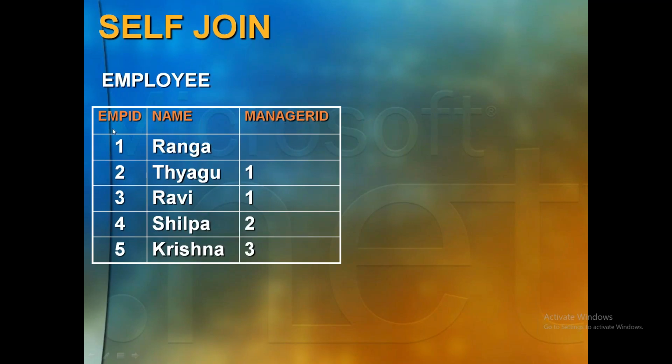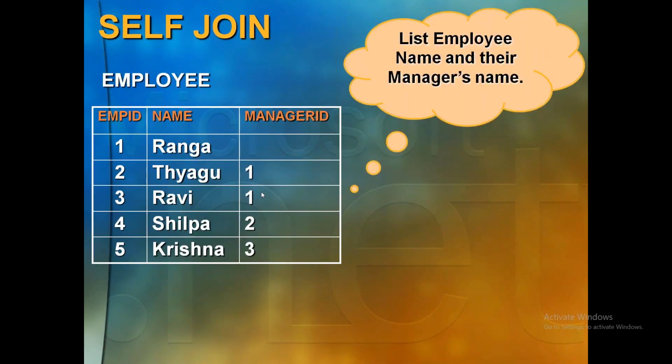Foreign key is linking to the same table, right? So this is a self-referential table. Clear? So now I wanted to know list employee name and their manager's name. So this is what is my query. So I can get the employee name here, but there is no boss name, manager name.